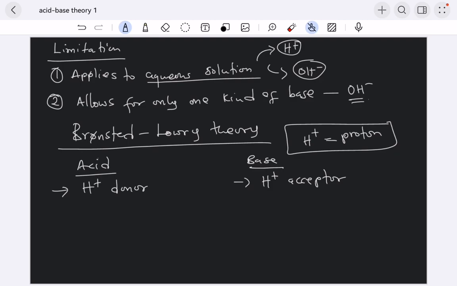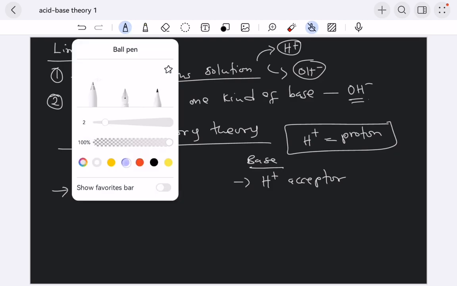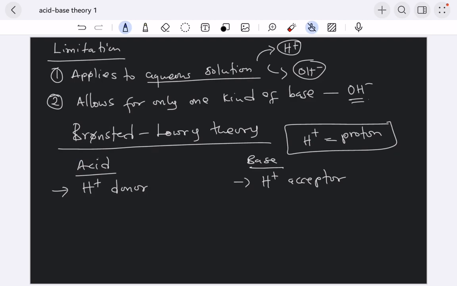Let me just give a very simple example. So let's look at a reaction of hydrochloric acid and water.